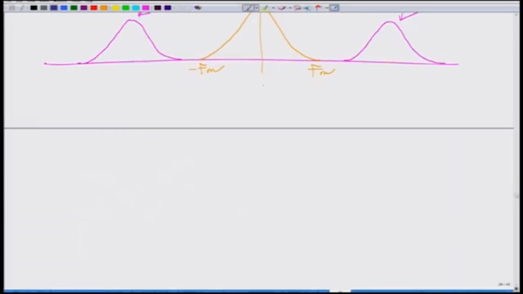So, first for reconstruction, let us now talk about signal reconstruction in the absence of aliasing. Obviously the condition for aliasing still is there.